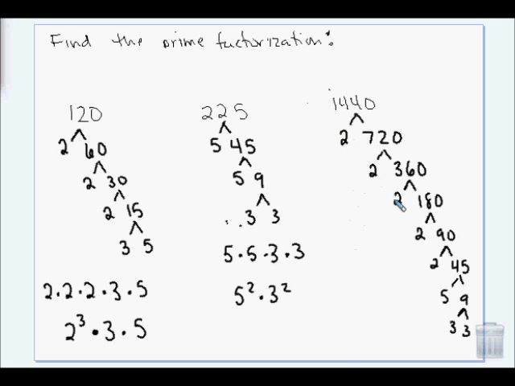So there are 1, 2, 3, 4, 5 2's, 1 5, and 2 3's. But we would probably put the 3's first. Yeah, 2 and 3, 5. So 2 times 3 squared times 5. Yeah, lowest to highest.